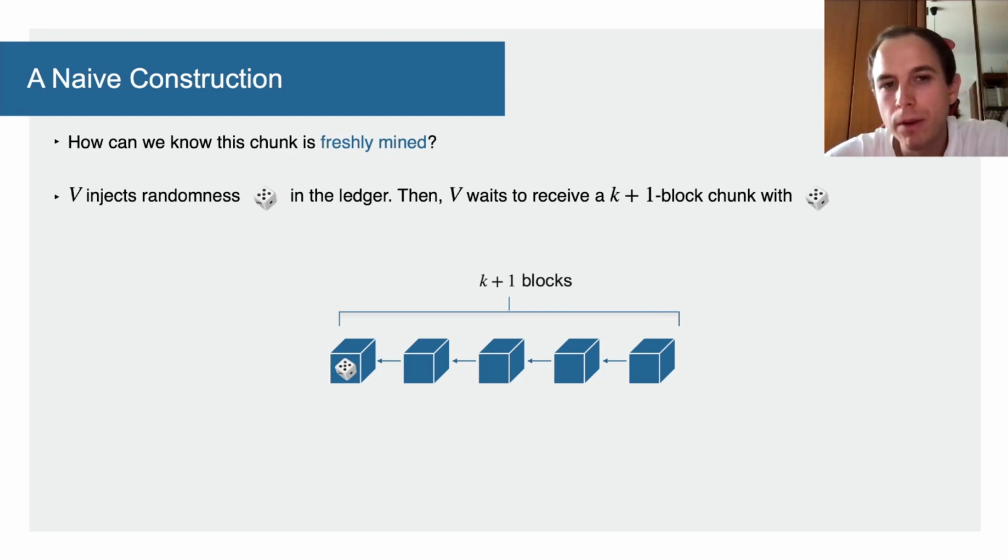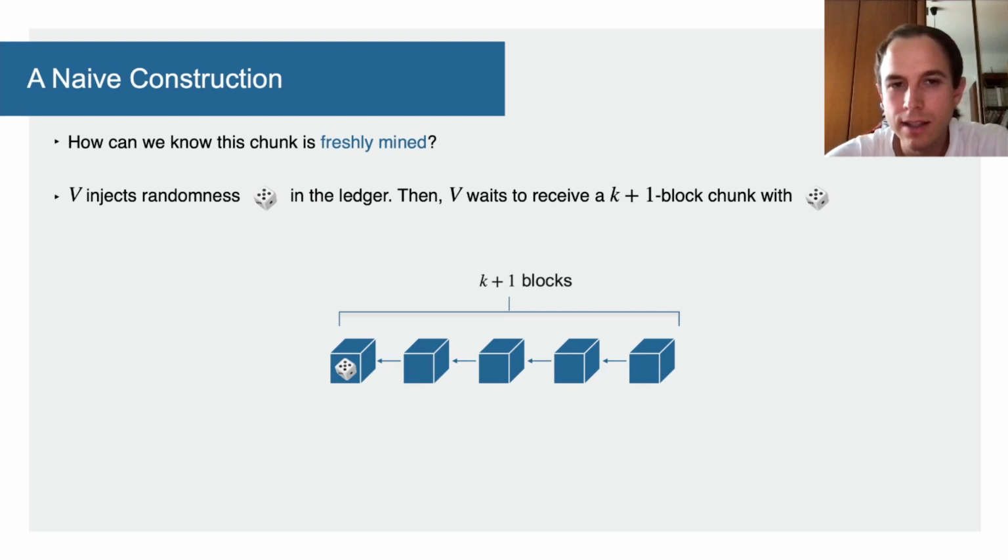This can simply be, for instance, the verifier creates a transaction that spends 0 coins to a newly created address that is random. Then the verifier sends this to the full nodes and waits for a response where there are k+1 blocks, and the first block of this chunk contains this randomness.